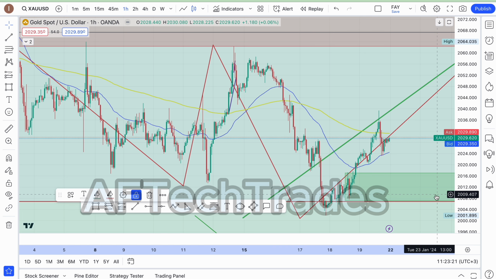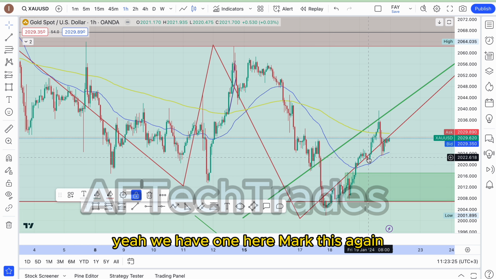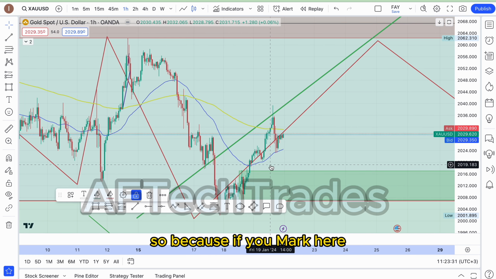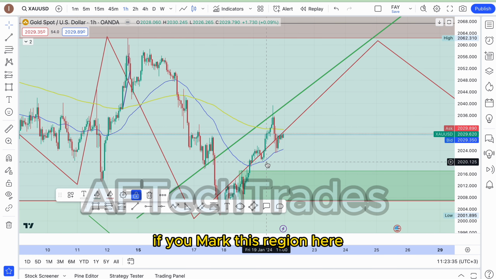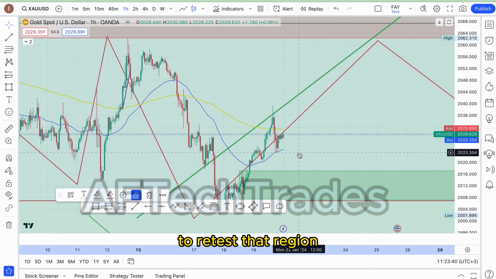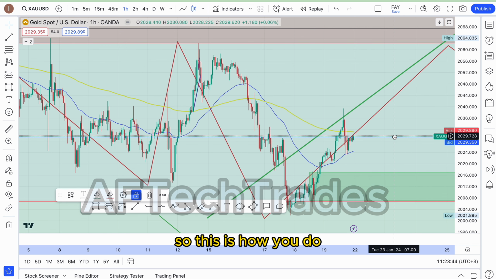Okay, mark this place. Yeah, we have one here. Mark this again. If you mark this region here, then you will watch out for this to retest that region, and if it starts going up, you follow the market. So this is how you do it.